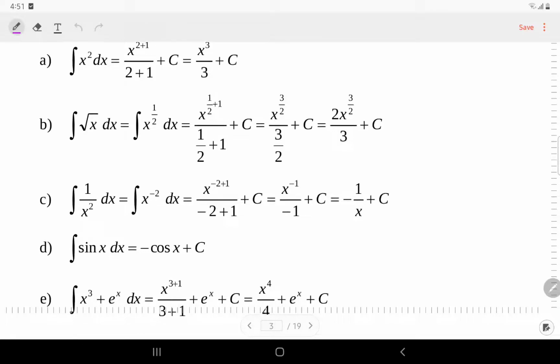So untuk tutorial class you need to do some questions in your exercise book regarding the basic integration. So you all tengok dekat Telegram, saya akan bagi tahu page yang mana.